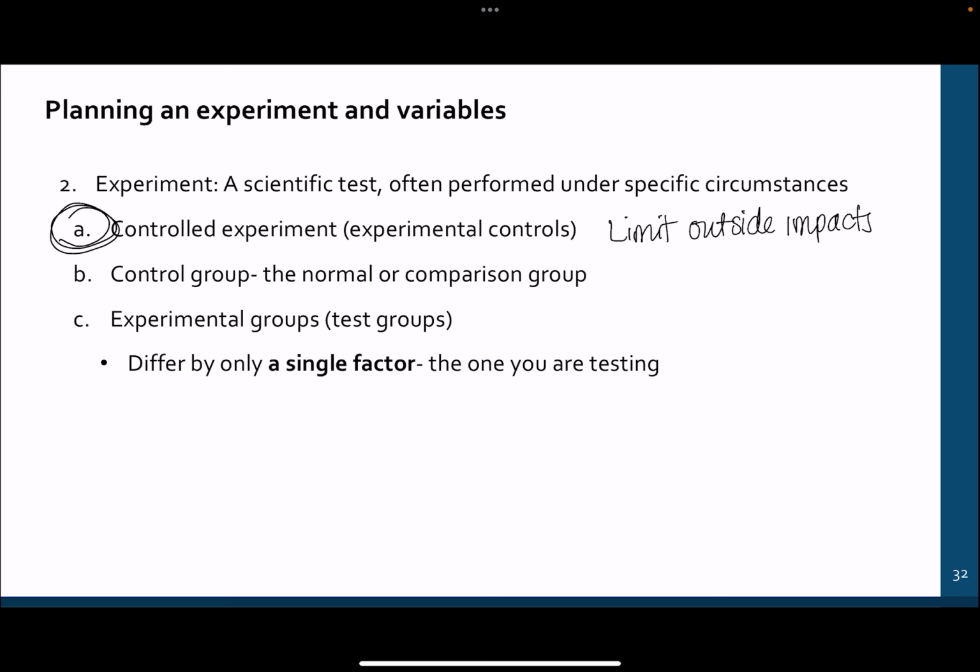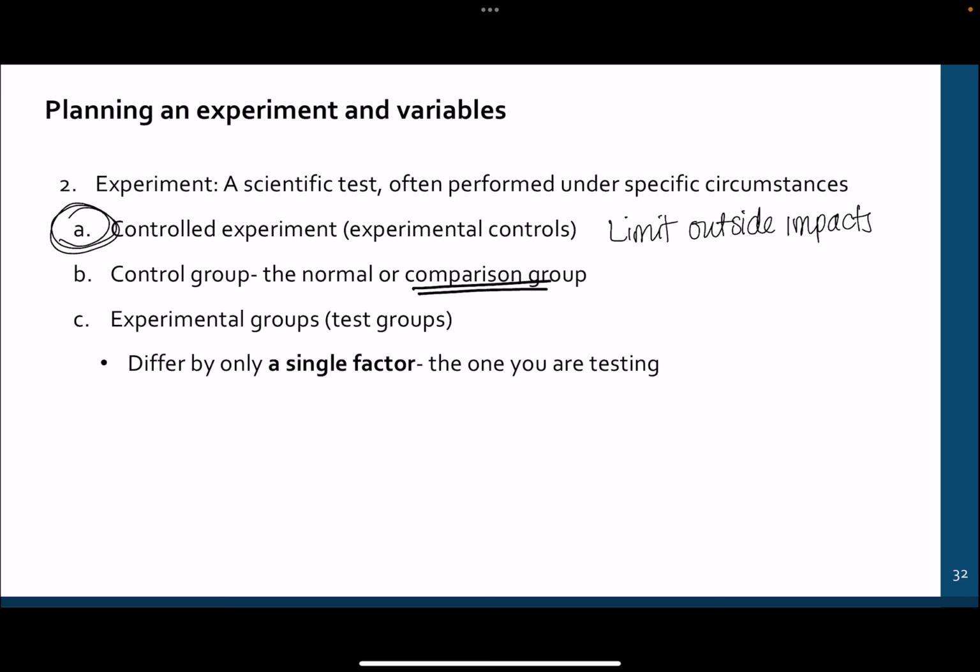And then you can compare your control group to your group to which you have applied your certain set of conditions to see if something has changed. And this is really, really important for a valid scientific test because you need a comparison so you know if you've actually affected a change.